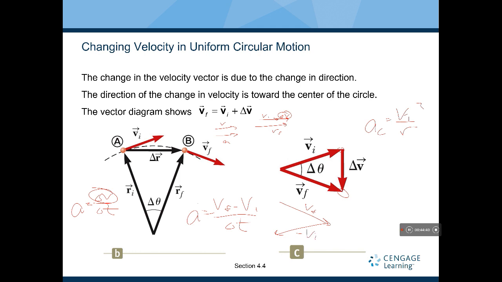So there is negative Vi. And this would result in the change in velocity. Now you'll notice that that methodology does work, but theirs is just fine too. I just did it a second ago. Change in velocity is how much change it goes from initial to final. From initial to final. And hopefully you can see these are completely the exact same triangle, just done from slightly different perspectives.